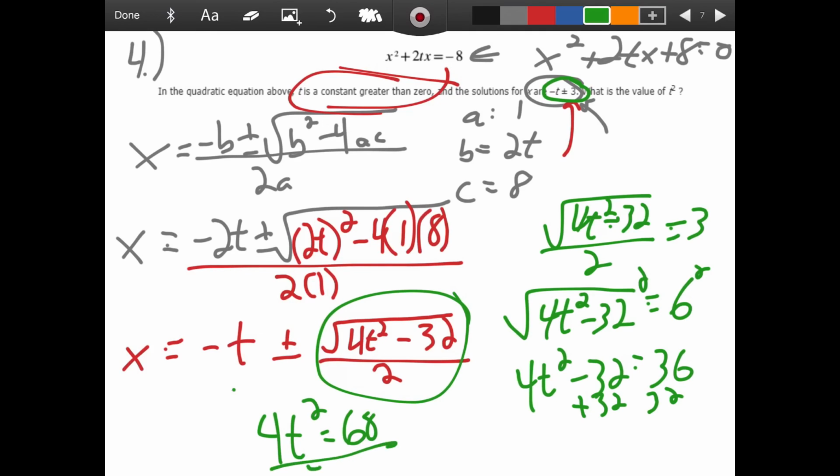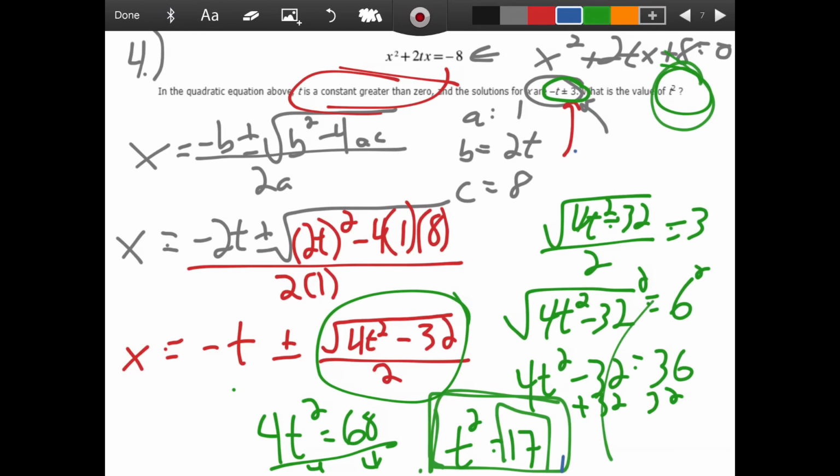Okay, divide both sides by 4. So we get t squared is equal to 17. Now we don't have to take the square root because this problem just wants t squared, and what we found was t squared, so our answer to this problem is just 17.